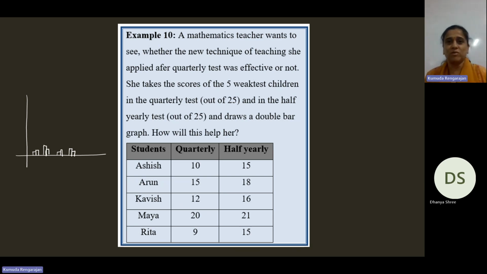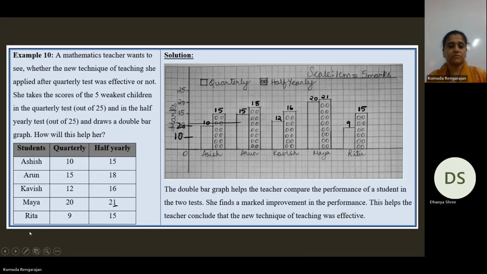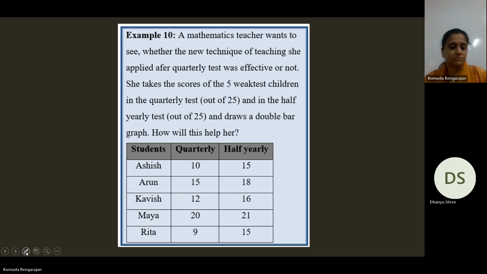So it shouldn't be very small, not very tall also. So I've taken 5. You can also take 2, 4, 6, 8, 10. Would be pretty good. Little tall, but it's okay.